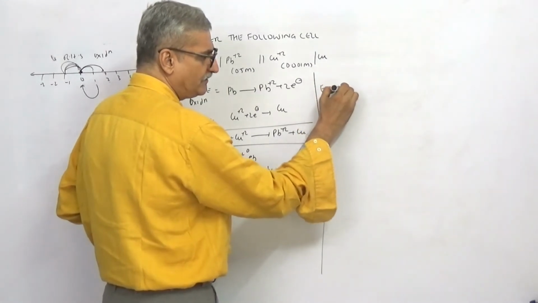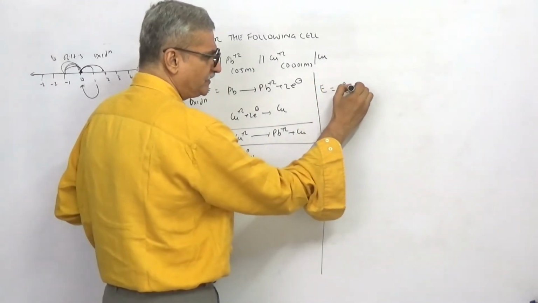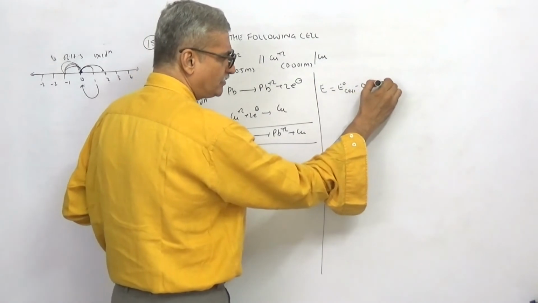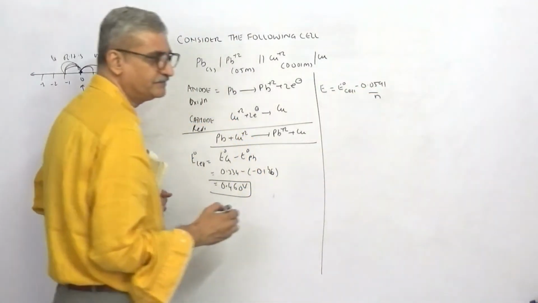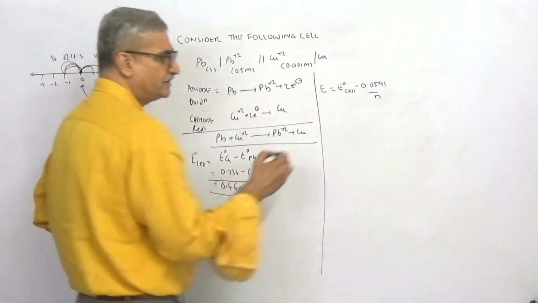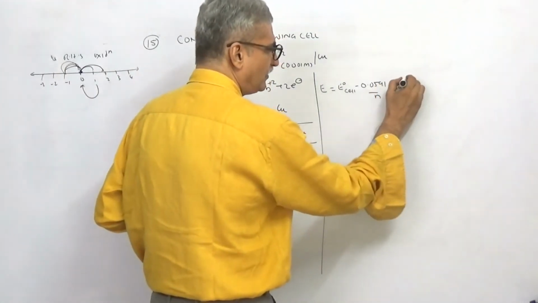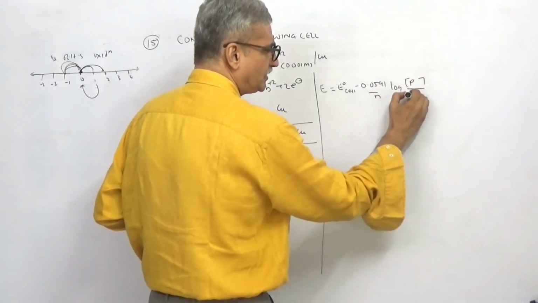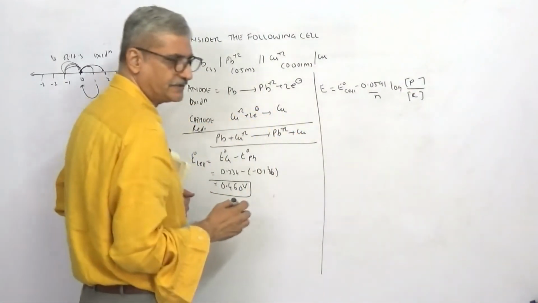Now according to Nernst equation, E of the cell will be E naught of the cell minus 0.0591 upon n, log to the base 10 of concentration of product upon the concentration of reactant.